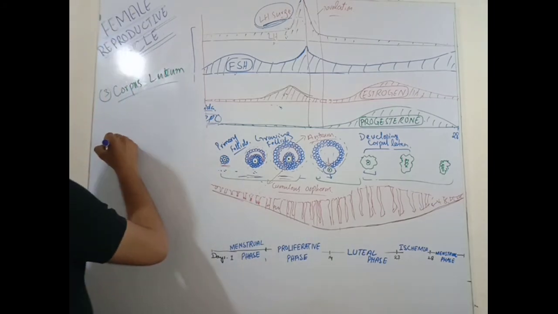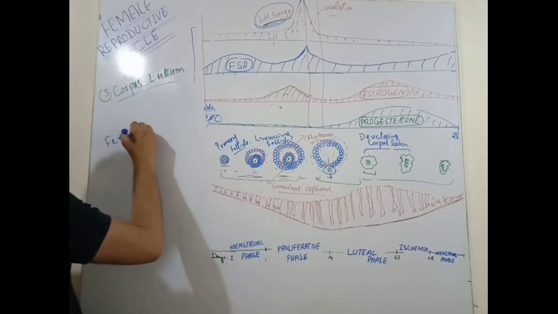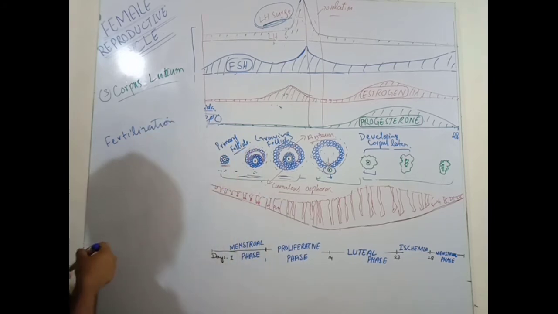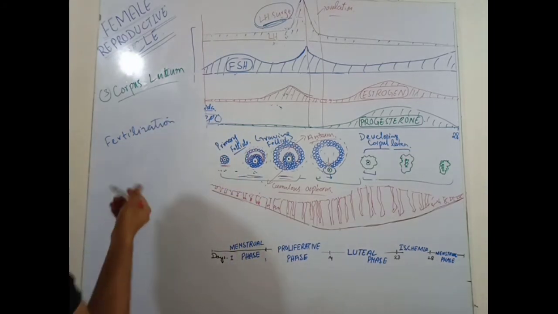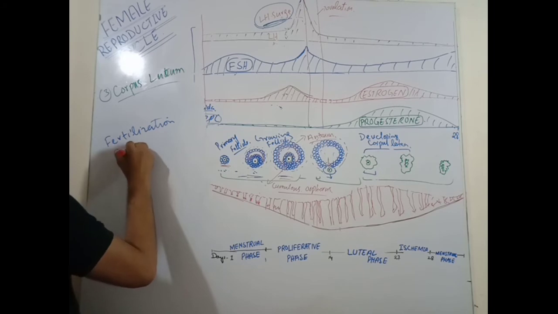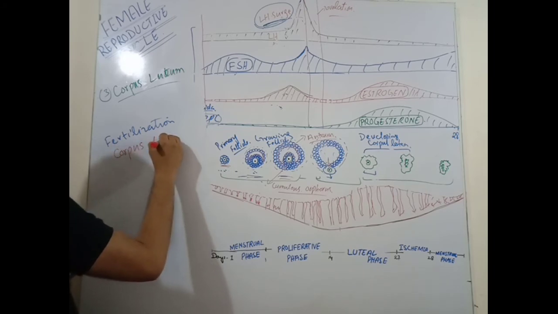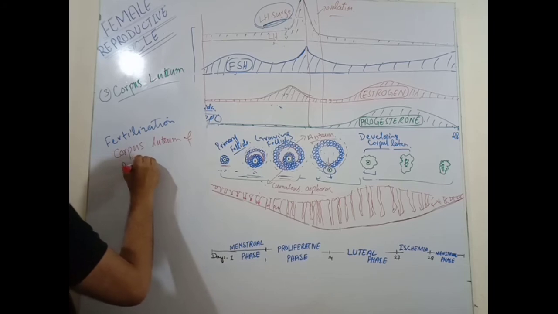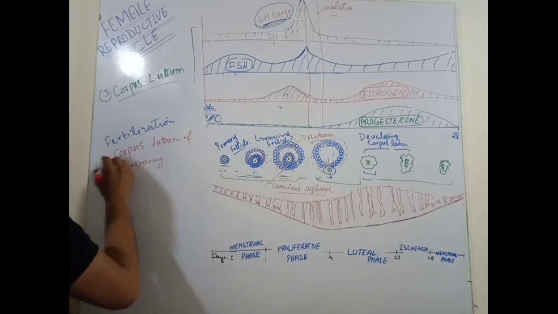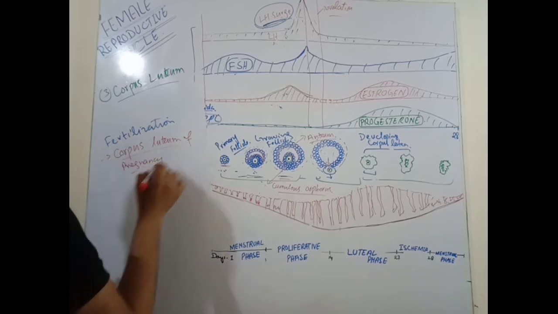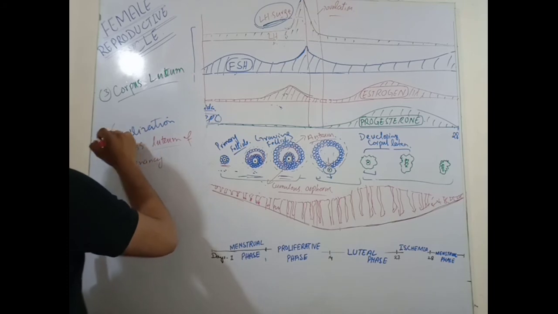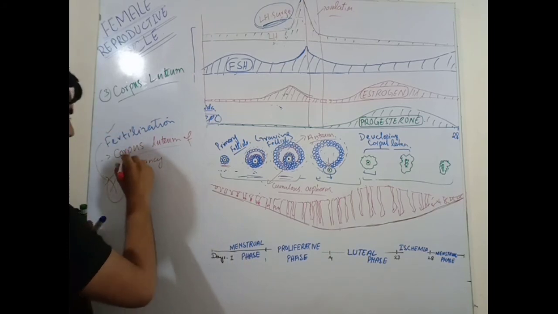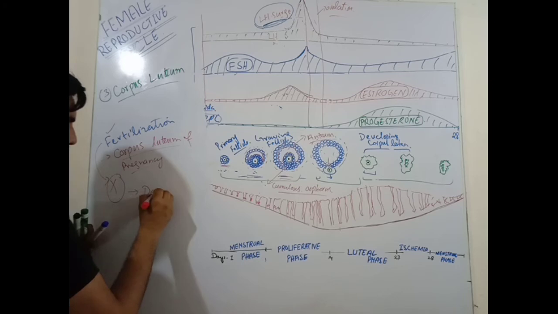If fertilization occurs, a zygote is formed, and the corpus luteum forms the corpus luteum of pregnancy. If fertilization does not occur, then the corpus luteum degenerates.